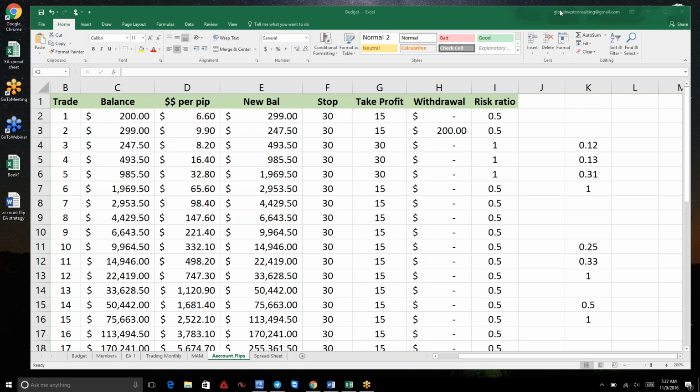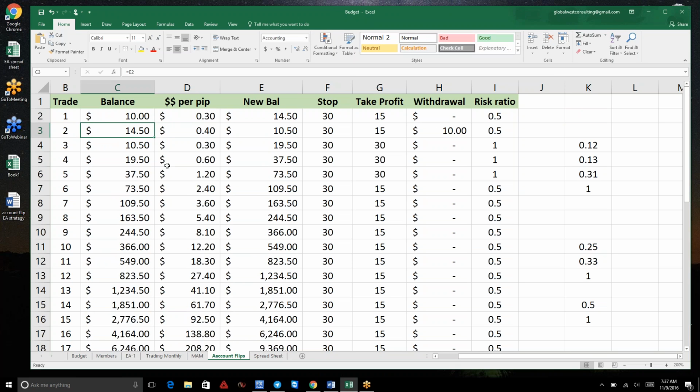Let's put it in and find out. Yeah, that's right. So starting with $10, it's house money there. So trade 3. Yeah, it goes from 10 to 100 in 6 trades. So yeah, you could still do that with a $1,000 account too.